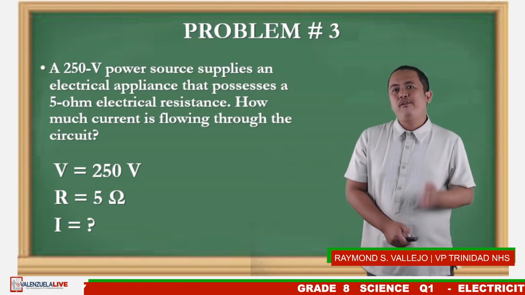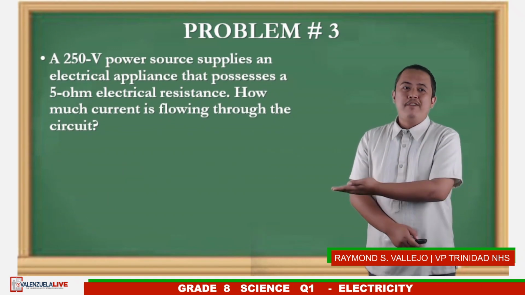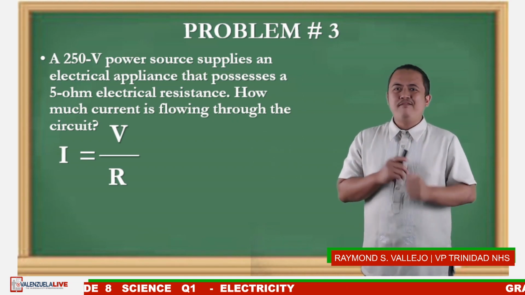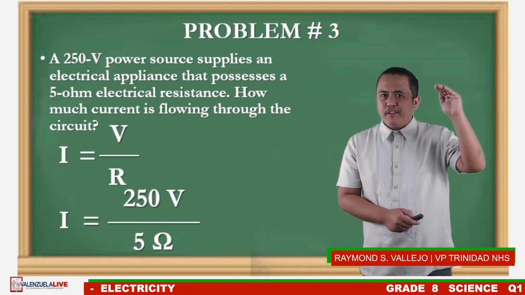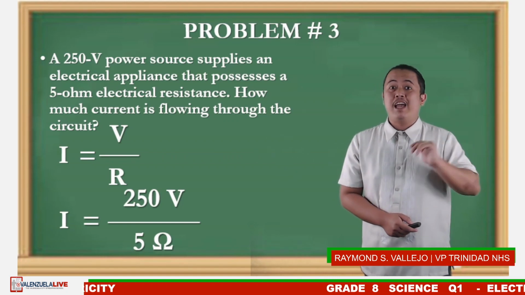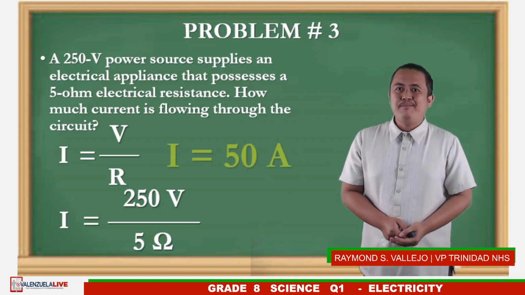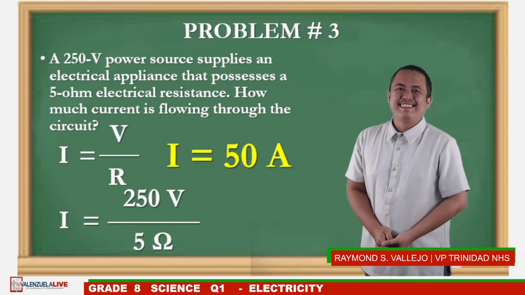The formula for current is I equals V divided by R. Substituting the values, we shall have I equals 250 volts divided by 5 ohms. The final answer shall be 50 amperes.